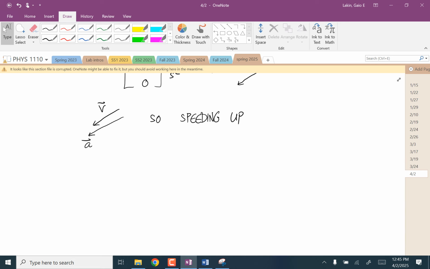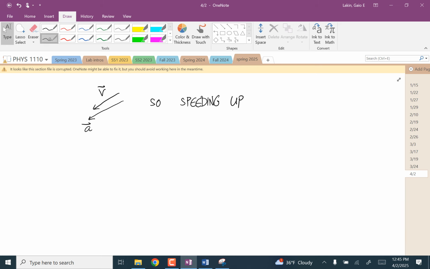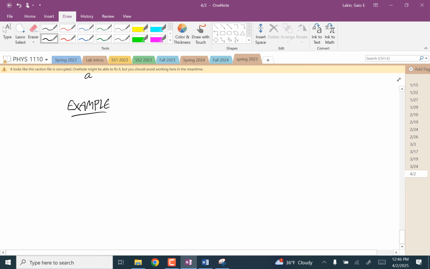Okay, so we're going through this list of these 3 specific approaches for different kinds of problems. I'm going to do an example now where I combine 2 of these kinds of problems. So let's say that we have a ramp and we have these 2 carts that are connected by a cable.